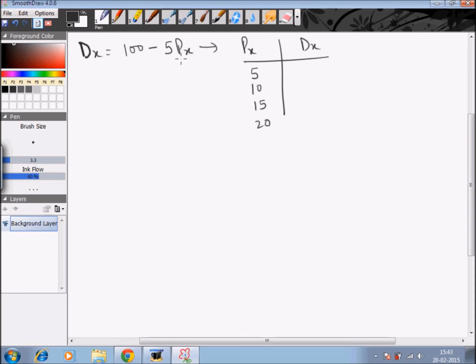Substituting the value of Px by the assumed prices, we can get the value of Dx. For the first case, 100 minus 5, and here instead of Px we put 5, we get the quantity demanded as 75. Likewise, in the second case, when we substitute Px by 10, we get the quantity demanded as 50, then 25, then 0.